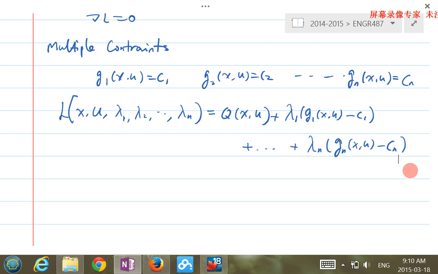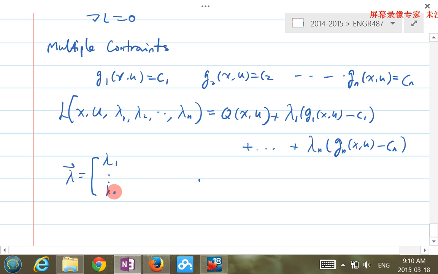Okay? So same idea, right? You just write a few more terms. Put them into a matrix format. So what we can do is define a column vector lambda 1 to lambda n, and I define a constraint function G as a vector.